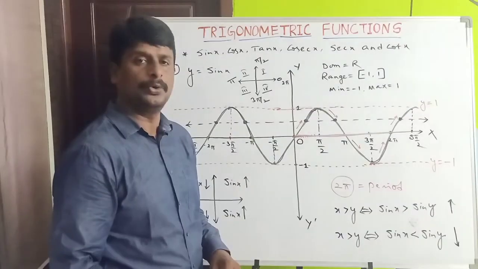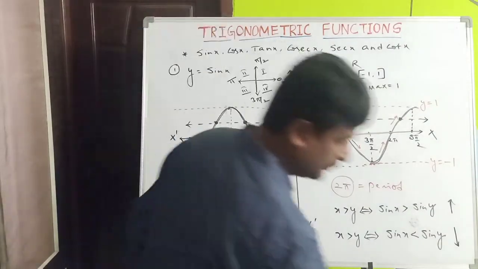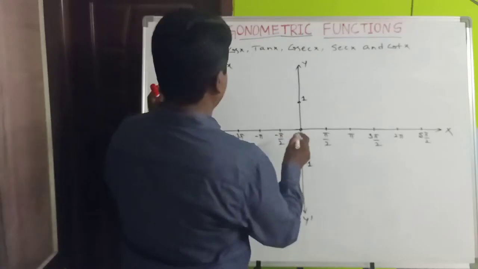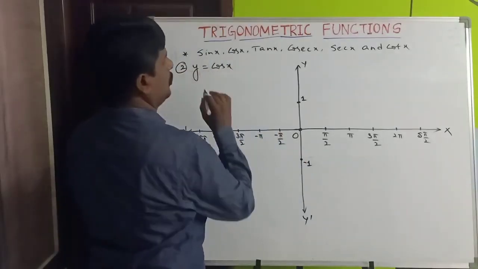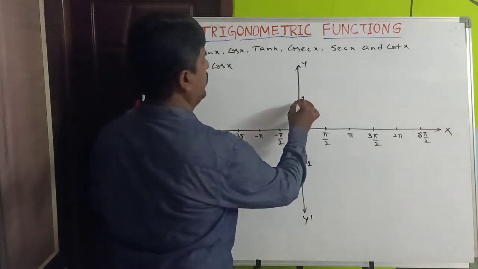Now let's go to cos x. Suppose x value 0, y equals cos 0, its output is 1.